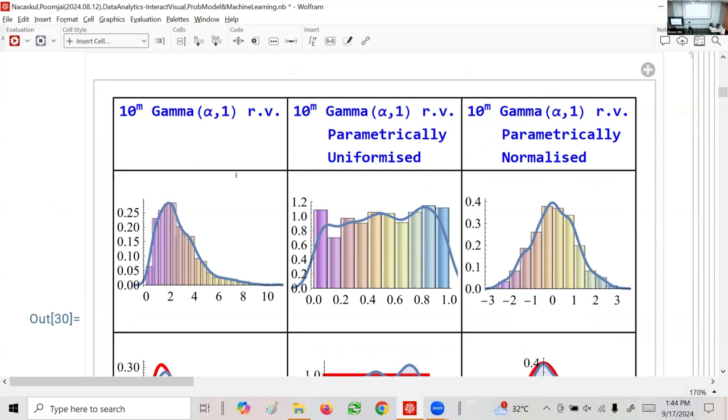When you go this way, you reorder and shift the data. The data that is largest, you move to 1. The data that is smallest, you move to 0. And then you just move everybody to equal spacing. Does that make sense? That's called uniformize.